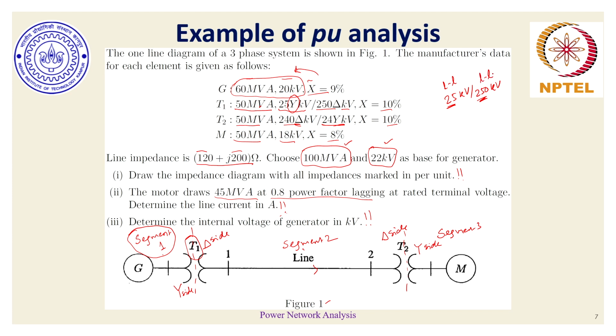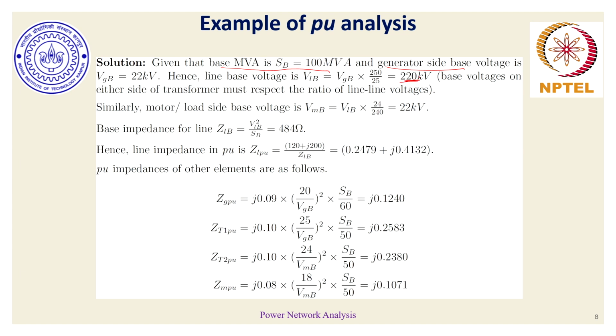If 22 kV is the base voltage on the generator, the base voltage on the transmission line side should satisfy this turn ratio, which means the base voltage for segment 2 should be 22 into 250 by 25, which is 220 kV line to line. That's essentially what is mentioned over here.